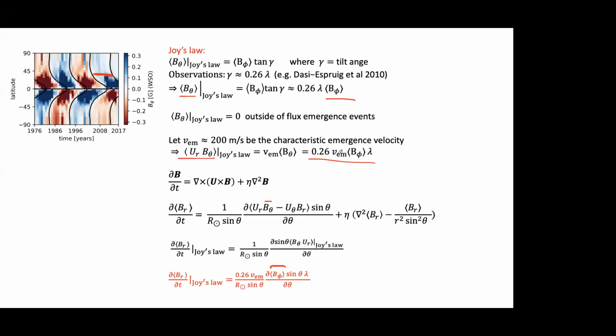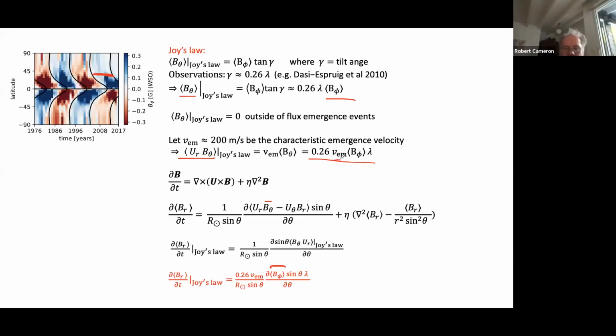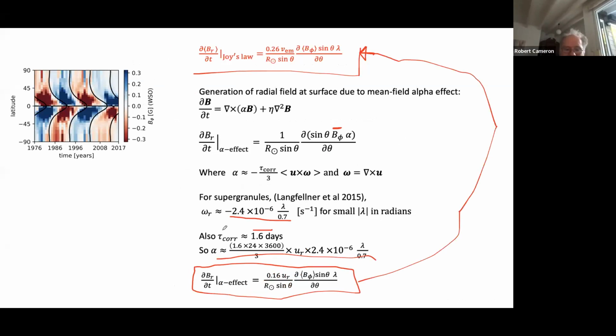The basic issue again is that the velocities we're talking about are at the same magnitude as the convective velocities, and this makes distinguishing between them very difficult. The timescale of granulation or supergranules is 1.6 days.